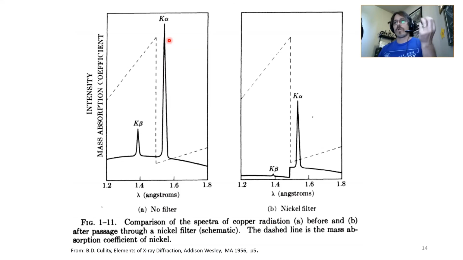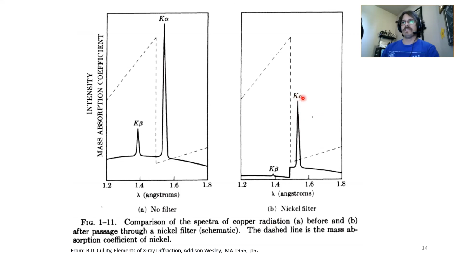That's important because we want our diffracting beam to be monochromatic. We can't have polychromatic beams creating diffraction because you'd have peaks all over the place or dots all over the place, and you wouldn't be able to make sense of what was what. So keep that in mind. A drawback to using a nickel filter, or any metallic filter or so-called pass-through filter, is that you also attenuate the radiation you care about.